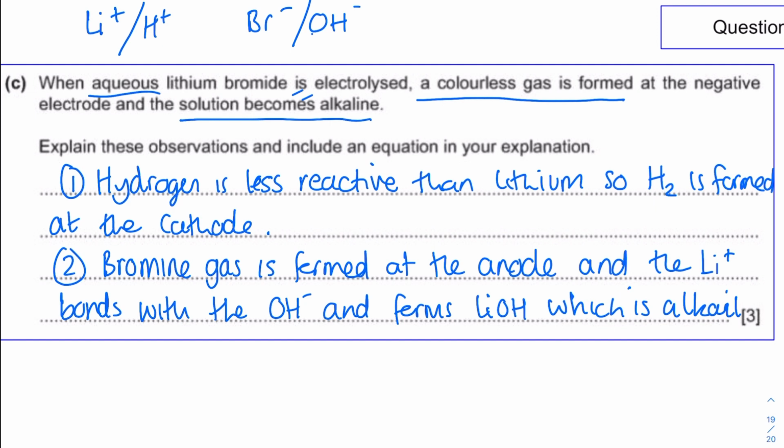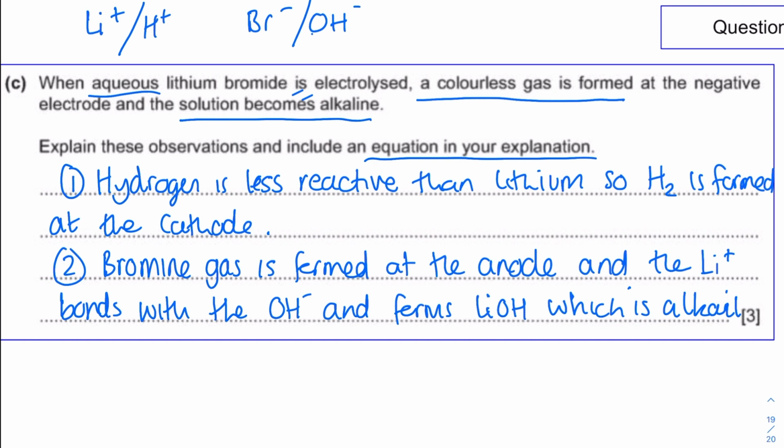It says to include an equation in your explanation. That's super important because that's going to give you that extra mark. A lot of students might forget to do that because they haven't RTFQ'd properly. So let's include an equation.